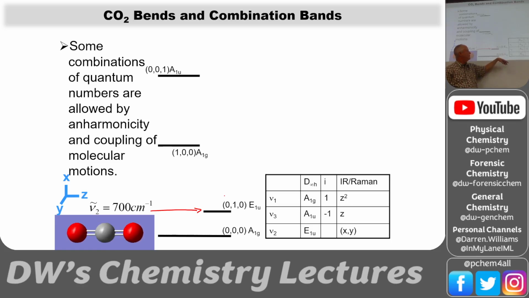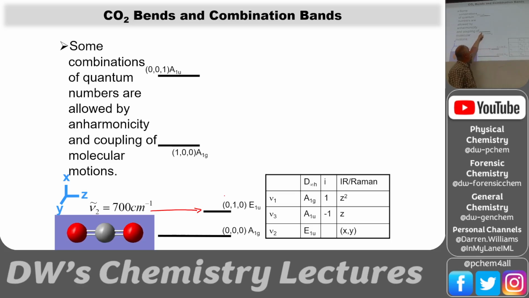Nu 2 is that XY motion. It's doubly degenerate, and you see I've put one quantum in the second vibrational mode, but the others are still 0. So this molecule here is only excited in that vibration shown here, but the others are not excited.